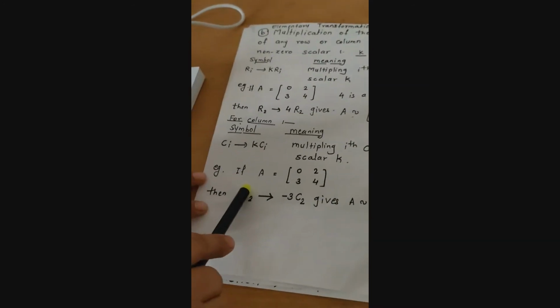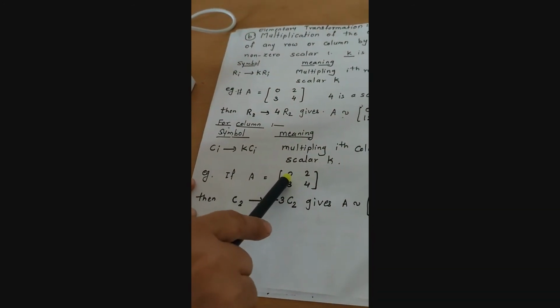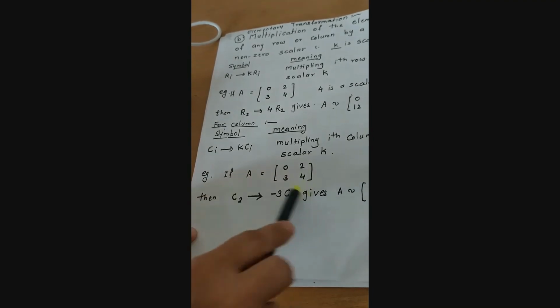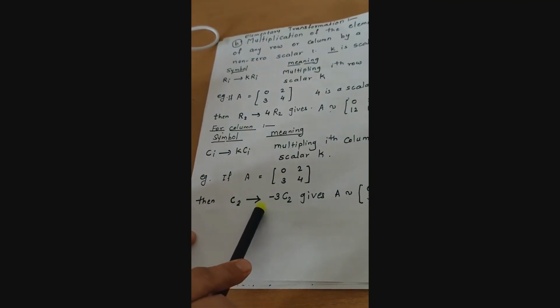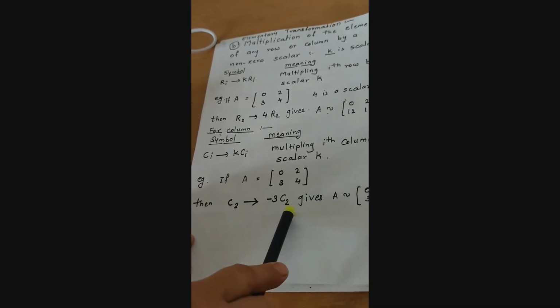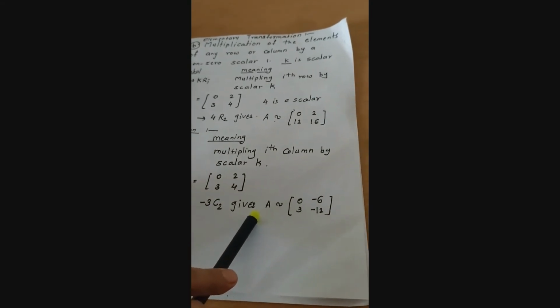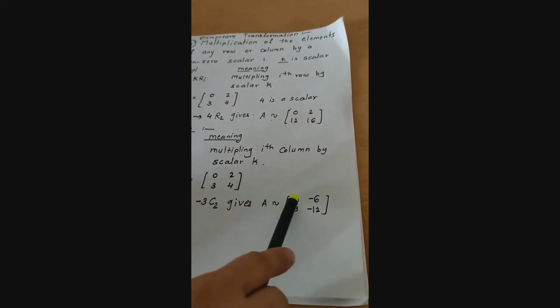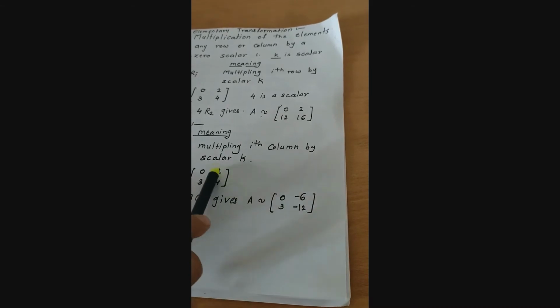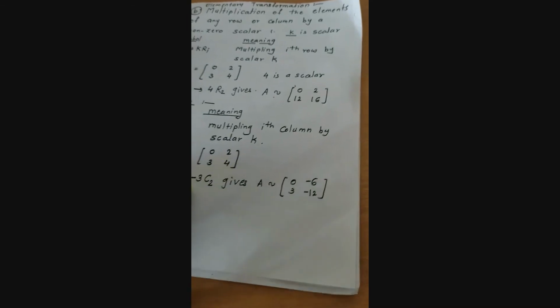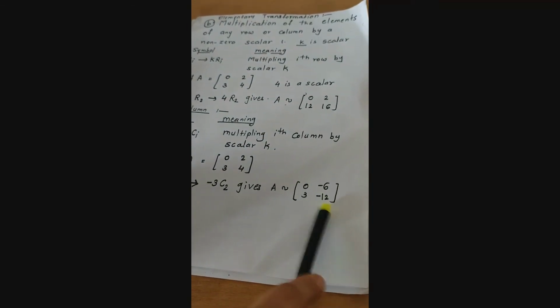For example, if A is equal to the matrix of elements 0, 2, 3, 4 and we change the second column such that every element in the second column is multiplied by scalar minus 3, then we get a new matrix. The first column is as it is, 0, 3, and in the second column 2 into minus 3 is equal to minus 6 and 4 into minus 3 is equal to minus 12. In this way we get a new matrix.